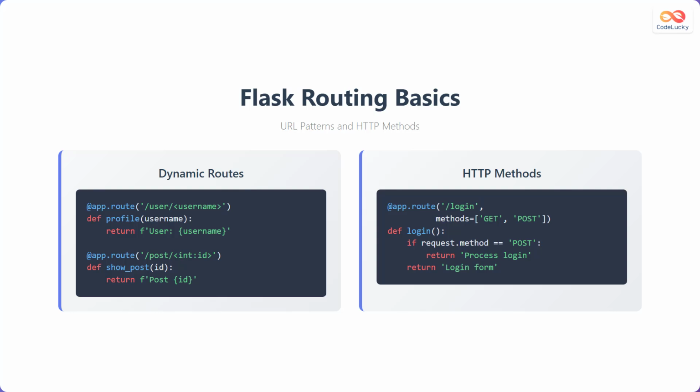You can specify HTTP methods that a route should accept using the methods parameter in the route decorator. By default, routes only accept GET requests, but you can enable POST, PUT, DELETE, and other methods as needed. The request object provides access to the HTTP method, allowing you to handle different request types within the same function.